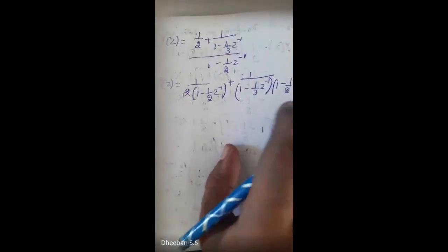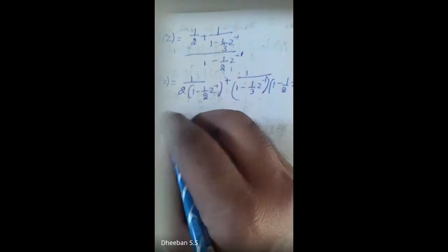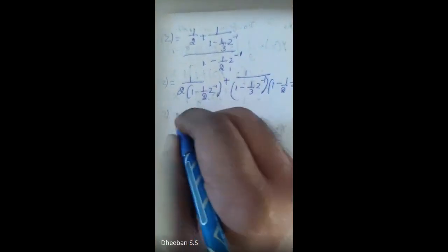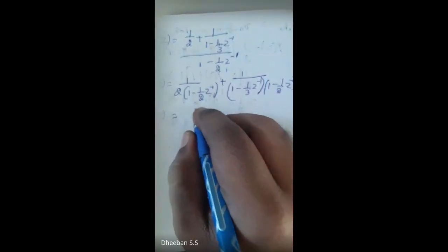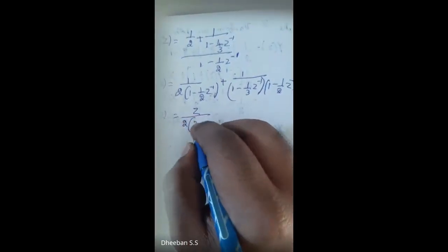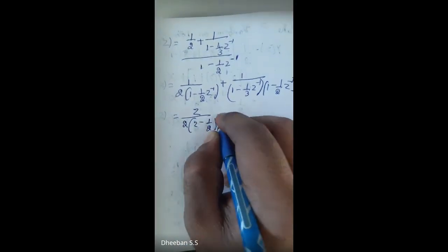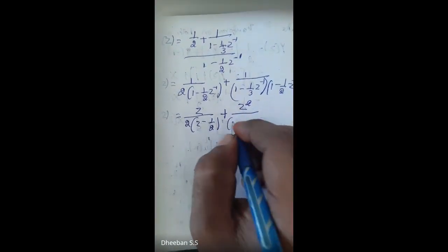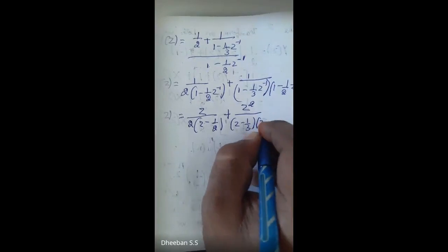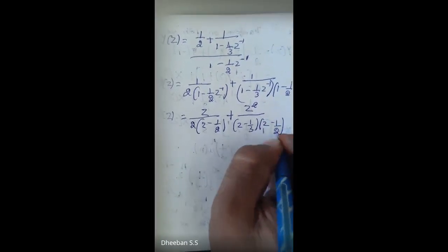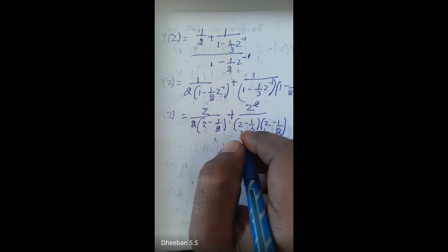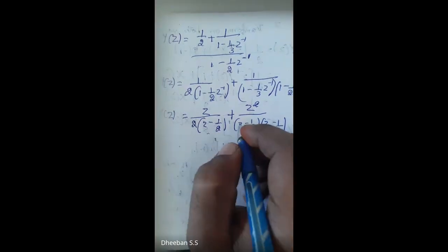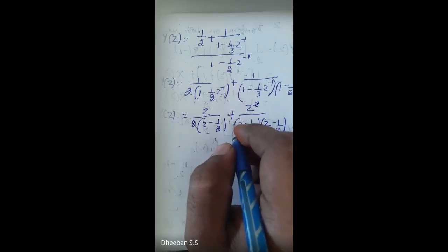Okay, so by taking proper LCM and bringing the z value to the top, we will be getting y of z is equal to z by 2 into z minus 1 by 2, okay, plus z square divided by z minus 1 by 3 into z minus 1 by 2. So now over here what you can see, you are again getting two signals of y of z.